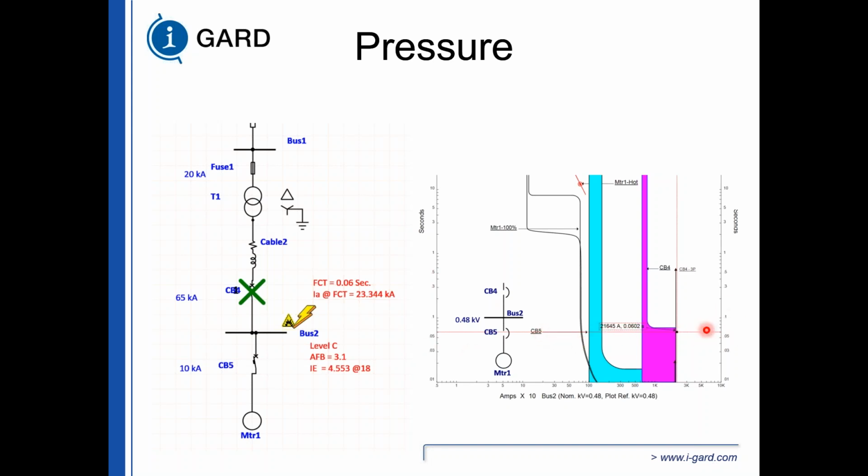Unfortunately, we can't show you that, so I showed the line over here where the 50 milliseconds or 60 milliseconds is, and we have 60.2 milliseconds, and that's how much time you save. So that time savings reduces the incident energy to 4.553 calories per centimeter squared.